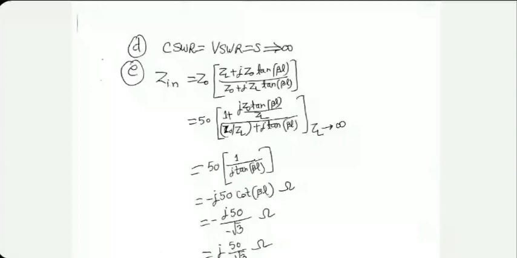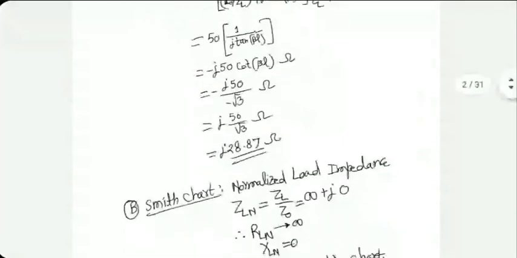So the formula simplifies to minus j Z0 cot beta L. And I put the value of cot beta L, which is 1 upon tan beta L. The input impedance turns out to be purely imaginary, around minus j 28.87 ohm. This is as far as the analytical equations go. Now look at the same problem solution using the Smith chart.